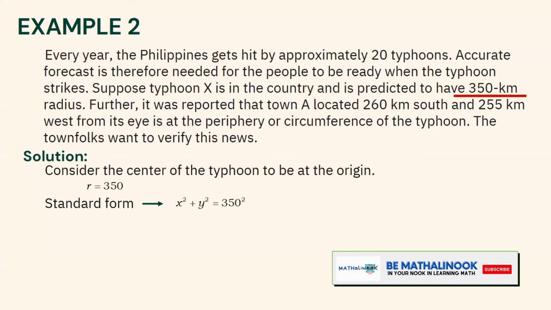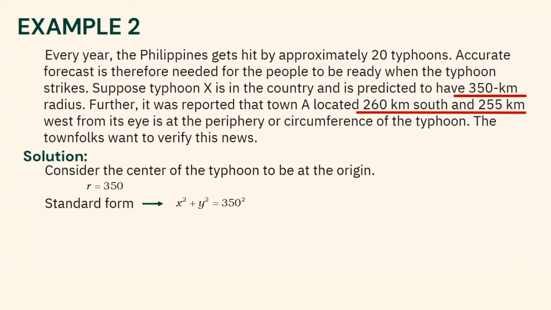Since Town A is located 260 kilometers south and 255 kilometers west, we can consider the coordinates of its location to be at (255, 260).